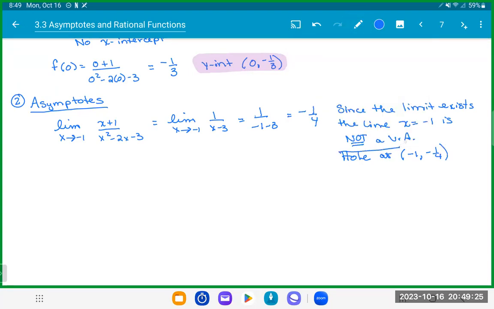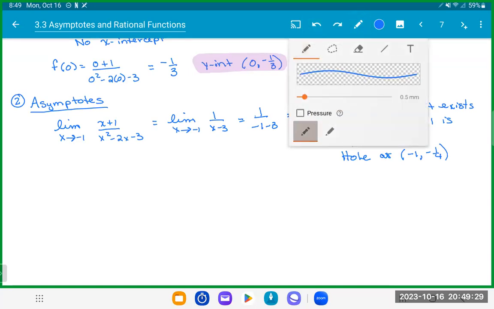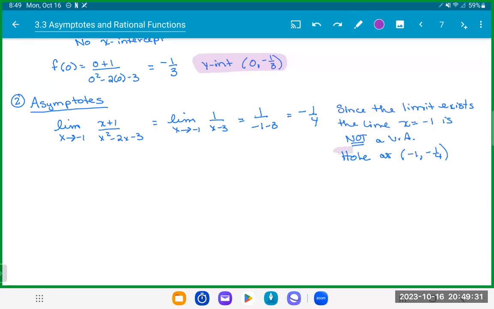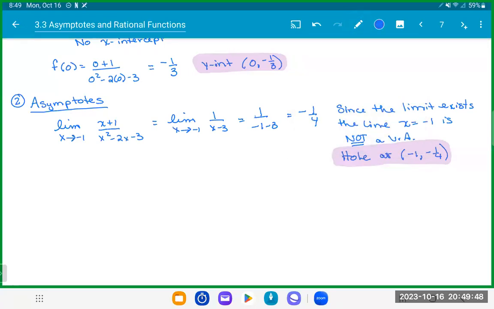And so we'll want to make sure and track that on our graph as well. That'll be signified on the graph, as I showed you in that example a little earlier, as a hollow dot on the graph.